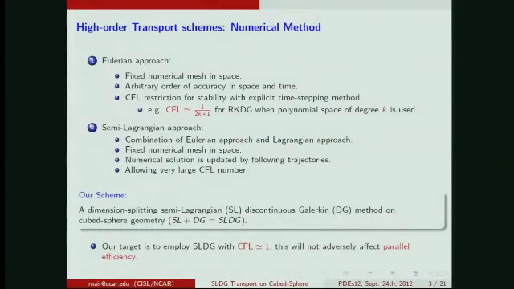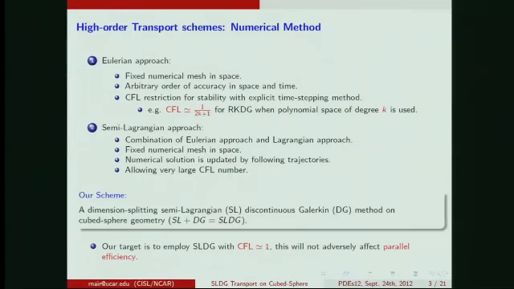For high order transport schemes, there are two classical approaches. The Eulerian approach uses a fixed numerical mesh in space, with arbitrary order of accuracy in space and time if you wish. For example, the Runge-Kutta DG method is very good, but the only trouble is that the CFL is very much limited by the maximum degree of the polynomial you are using.